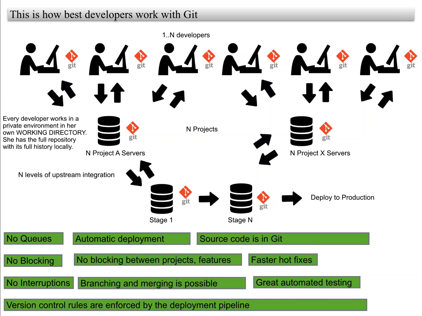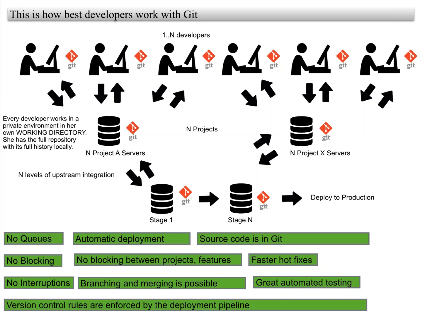The source code is reliably in Git, so if their computer just crashes, they can reliably get the source code from their backup or from the Git backup or from another fellow developer. Hotfixes can be delivered faster through a different channel. Like I said, great automated testing can be deeply integrated into this process so that you cannot work around it.